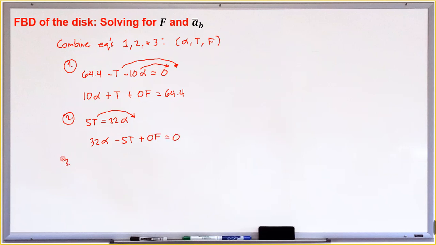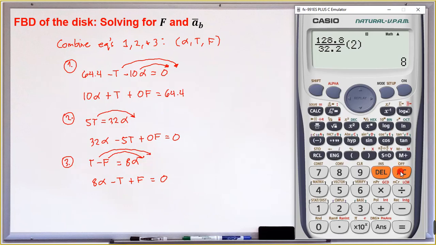And then the third one, we have T minus F equal to 8 alpha. Transpose the terms so that it becomes 8 alpha minus T plus F equal to 0. We're going to plug these three equations into our scientific calculator and solve for the values of alpha, T, and F.